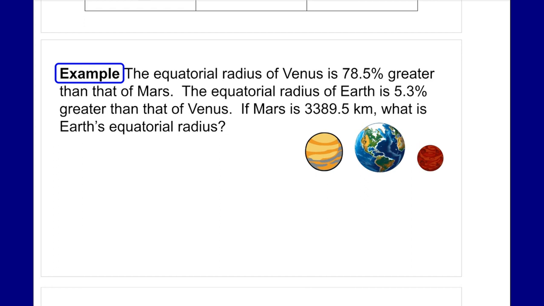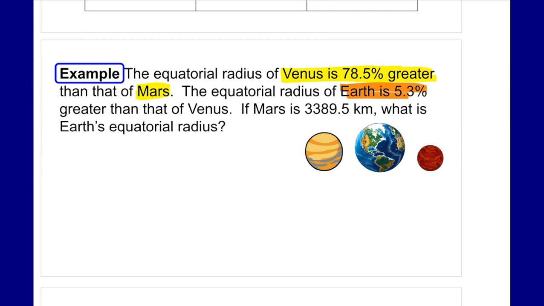So a lot of information here, and it is a little bit wordy, so it might help you to highlight some information. We'll look at that further as we go through this course. First of all, the main information: Venus is 78.5% greater than Mars.